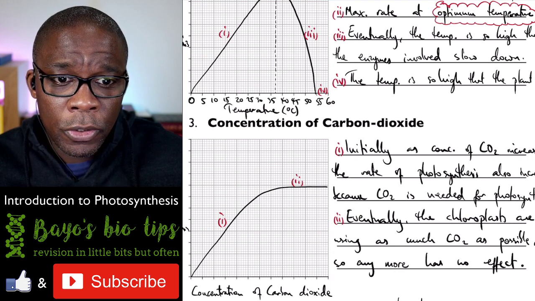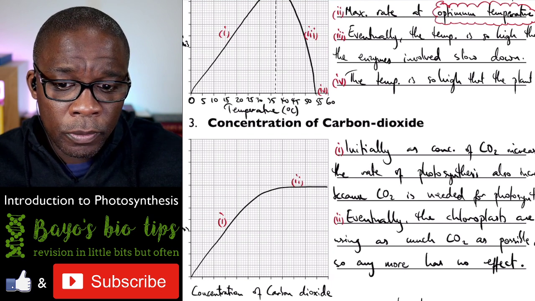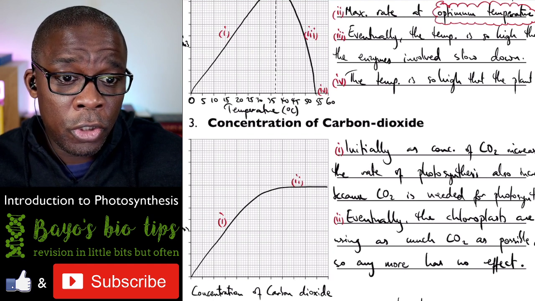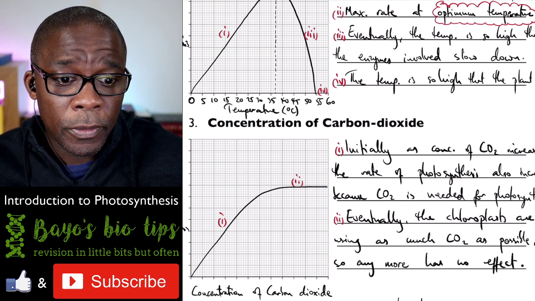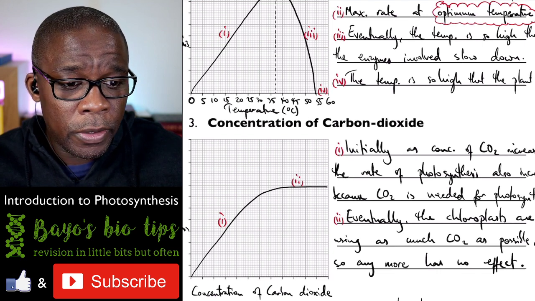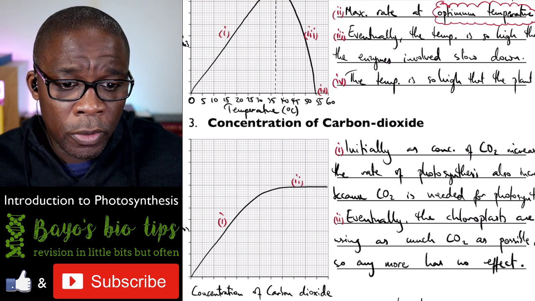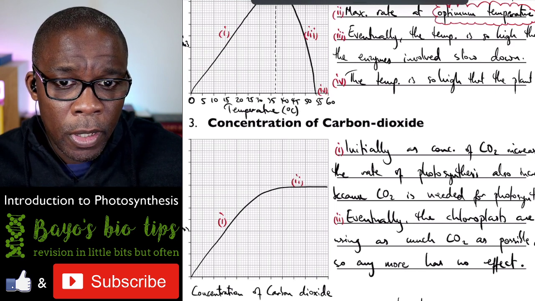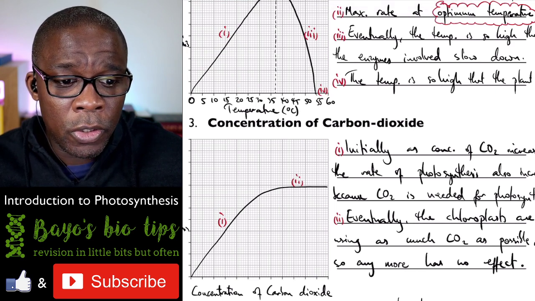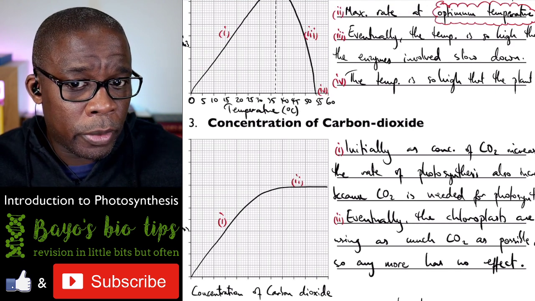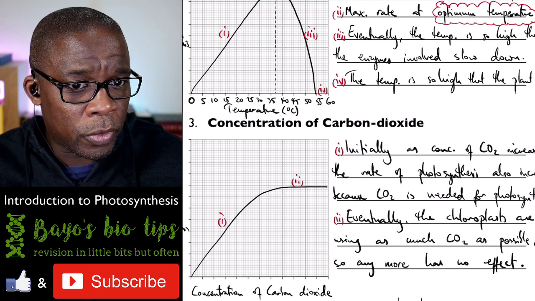And that's because the more carbon dioxide is available, the greater the amount of photosynthesis, because it uses carbon dioxide. Eventually, you get to the second phase, and in the second phase, all of the chloroplasts are using up the carbon dioxide as quickly as they can. So adding any more carbon dioxide has no effect. So that's the relationship for the concentration of carbon dioxide with the rate of photosynthesis.